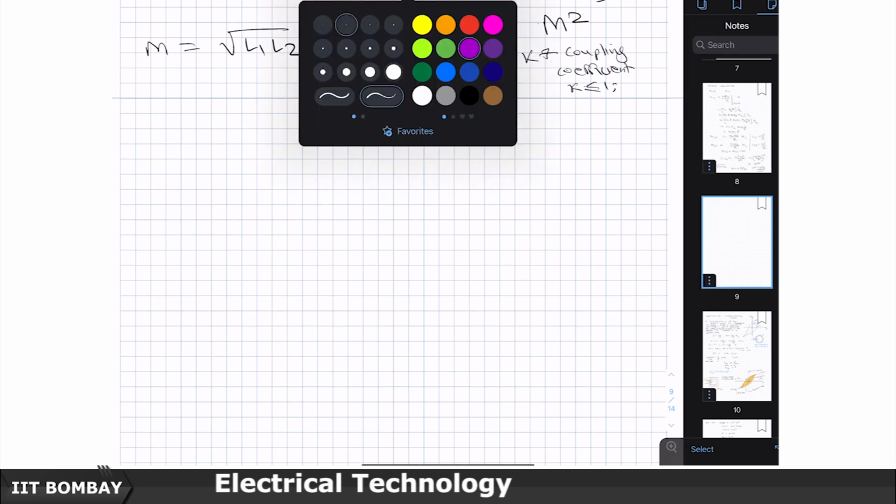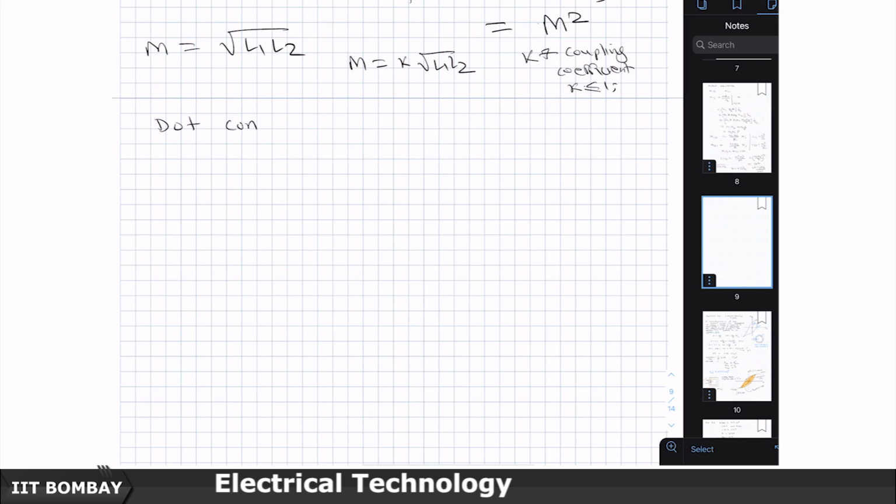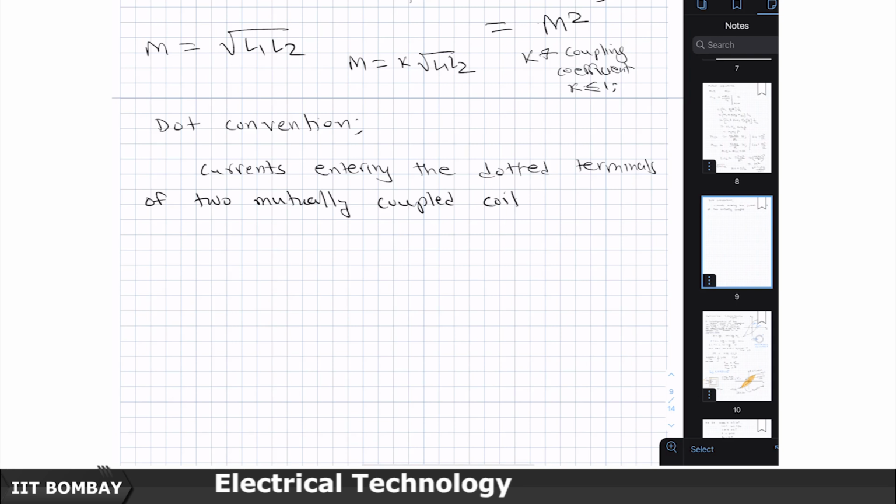The point was that currents entering the dotted terminals of two mutually coupled coils, the coupling being magnetic, produce additive fluxes. So, this is the way dots are defined.